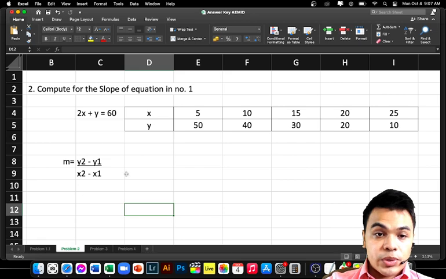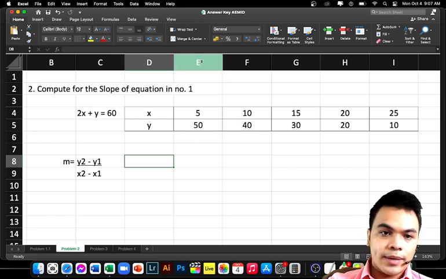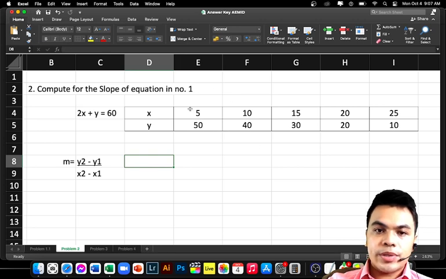The formula for the slope is yung ating m is equal to delta y over delta x, or your y2 minus y1 over x2 minus x1. Now, we can assign dito sa coordinates natin kung ano ba ang magiging y2, y1 and x2, x1. Let's say this is y2 and x2. Well, this one naman is y1 and x1. Okay.